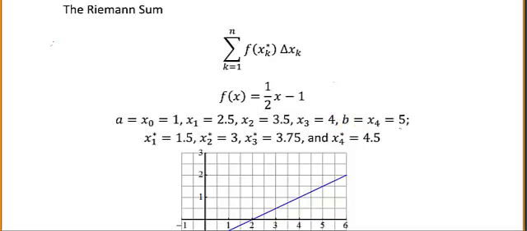So I'm calculating this on the interval from 1 to 5. And our x sub 1 star is going to be 1.5, x sub 2 star 3, x sub 3 star 3.75, x sub 4 star 4, and so on down the line.